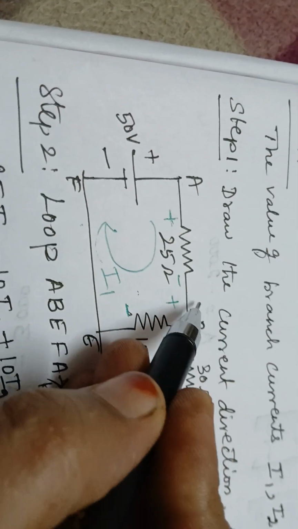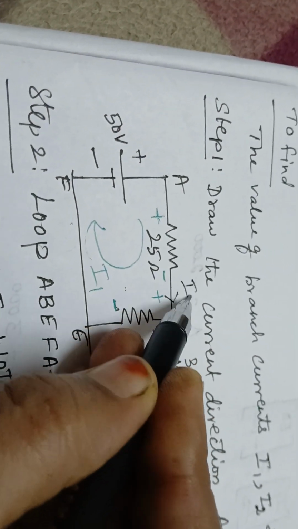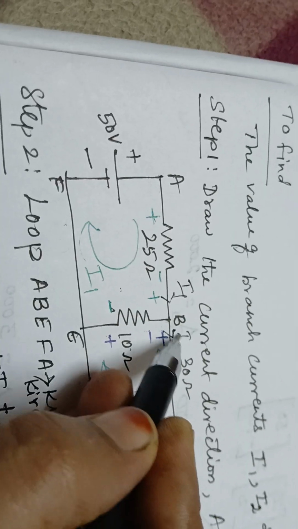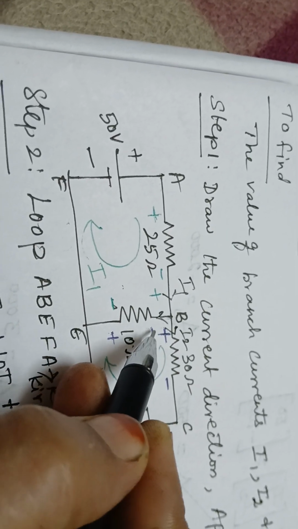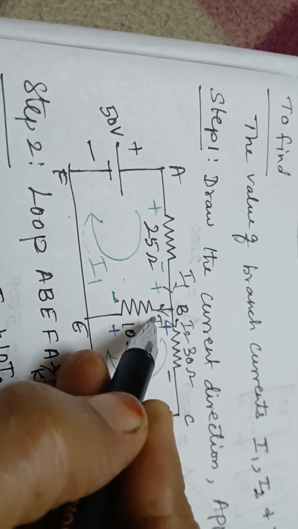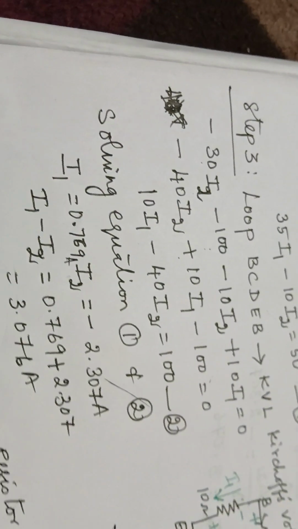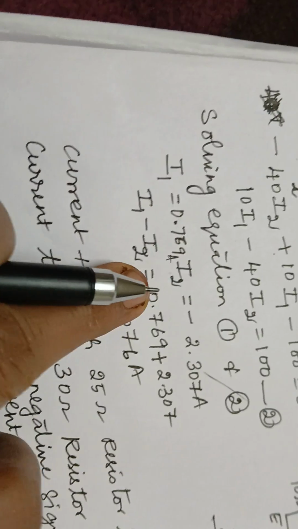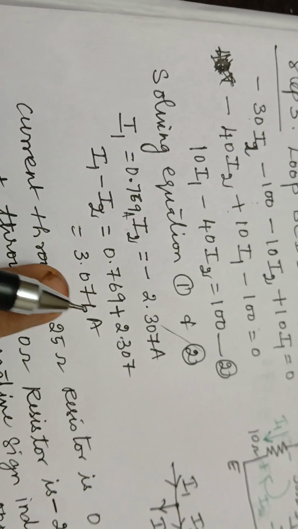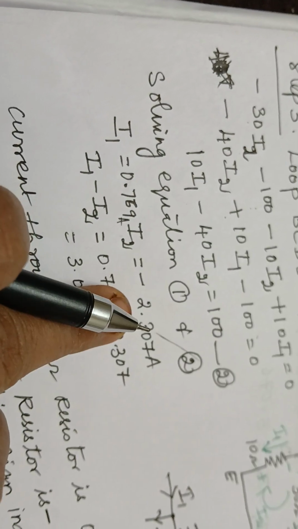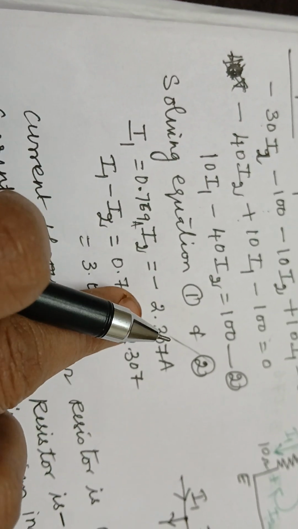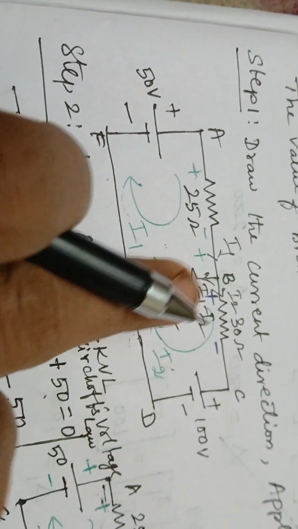The current entering is the I1 current, the current leaving is the I2 current, and the current in this branch will be I1 minus I2, so we have to find this current. The negative sign for I2 indicates that the assumed current direction is opposite. So this current direction is not clockwise, it is actually anti-clockwise.